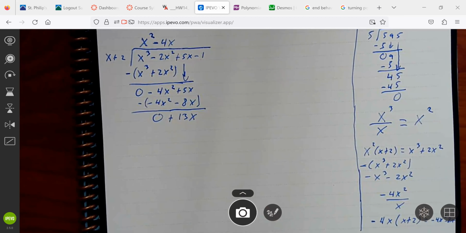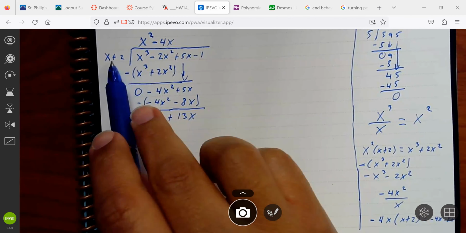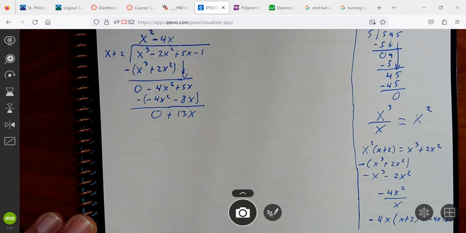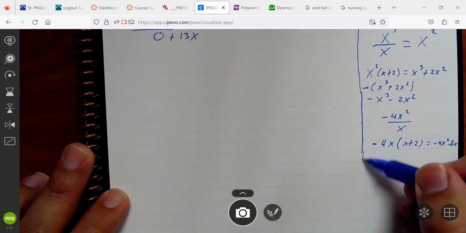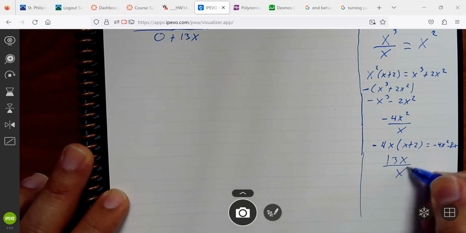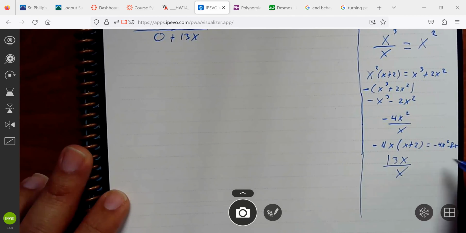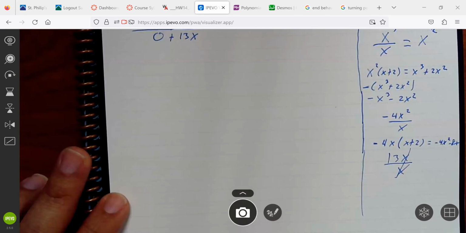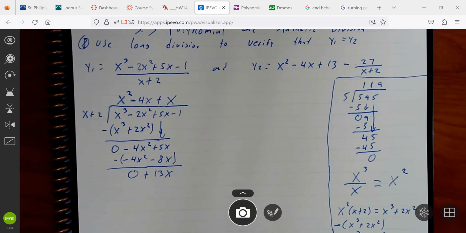So now, if you divide 13x by x, what would you get? My gross scratch work. Oops.